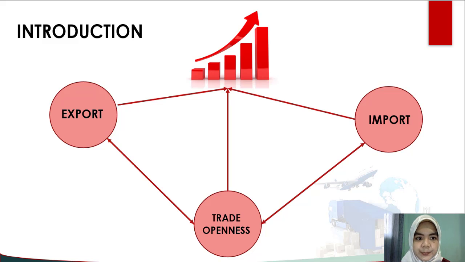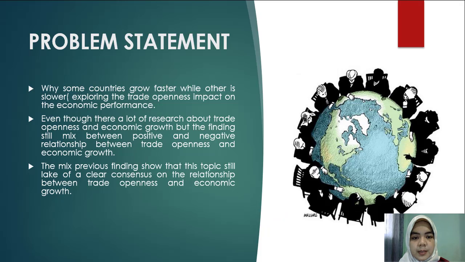So this is the problem statement. When we look at developed and developing countries, some countries grow faster and some are slower. This is when we look at the trend of trade openness and economic growth.